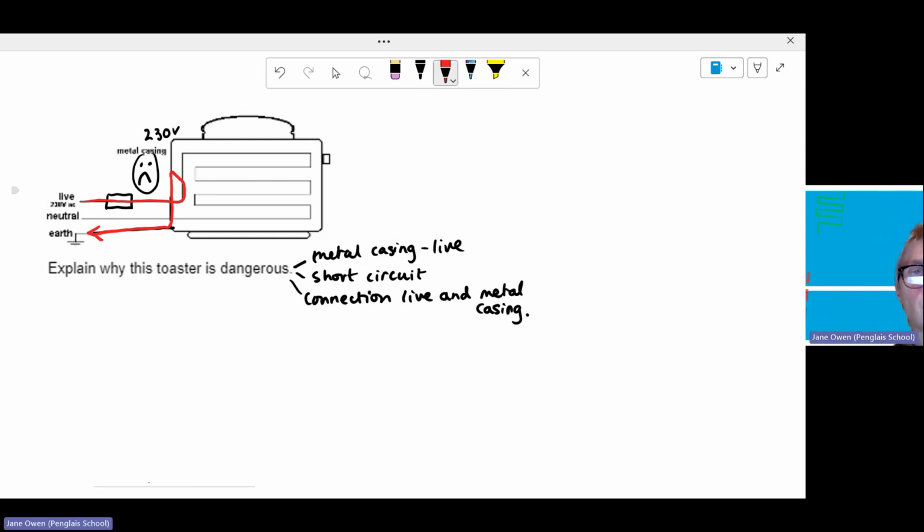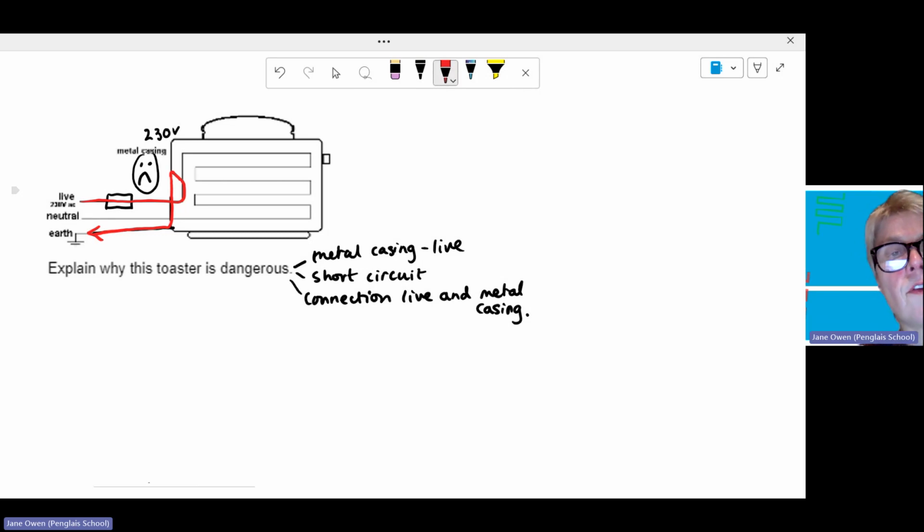That's what we call a short circuit. Now what it's going to do is, there's no resistance in that circuit at all, because the device is actually not in that circuit anymore because of the short, and it will blow the fuse in the live.